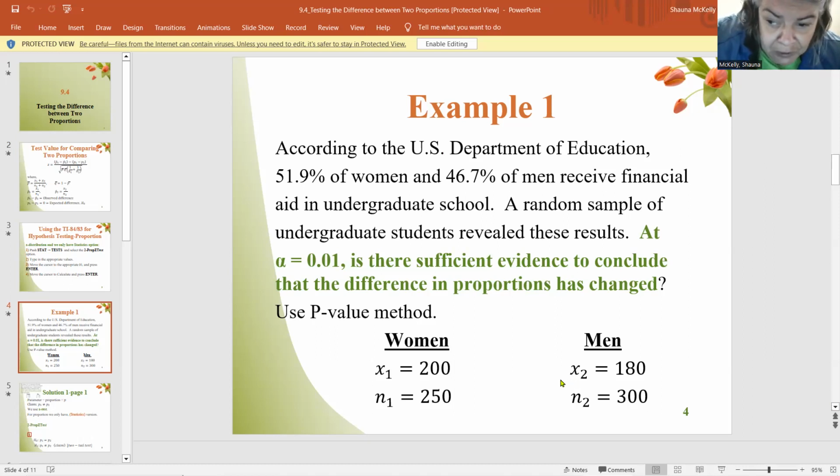Usually if you have proportions, you'll have the summary statistics, but if you have means or variances, you might have either one. So let's look now at the homework question.